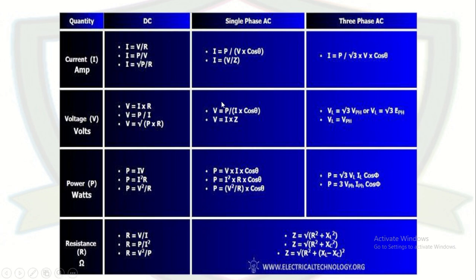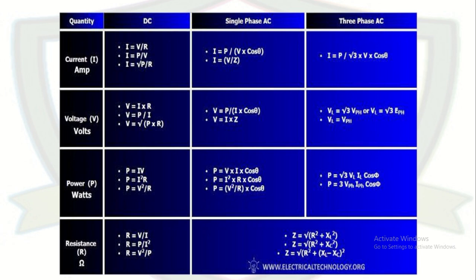Under single phase, we consider power factor, and we call resistance impedance at that time. This is Z, because Z equals R plus the inductance and capacitance effects, as impedance is the sum or resultant of those. Under DC voltage, we take only the pure resistance.